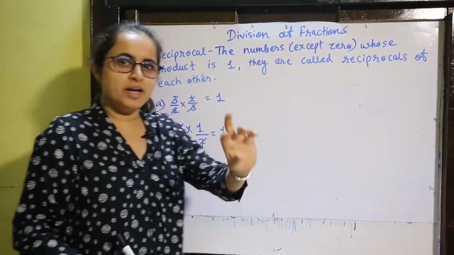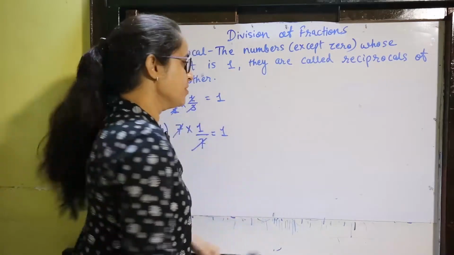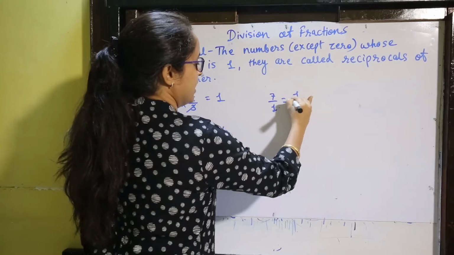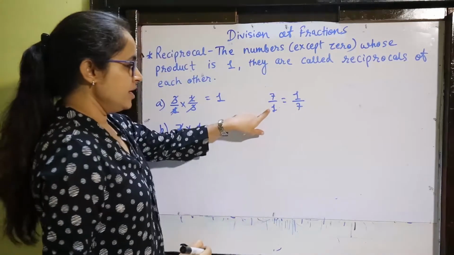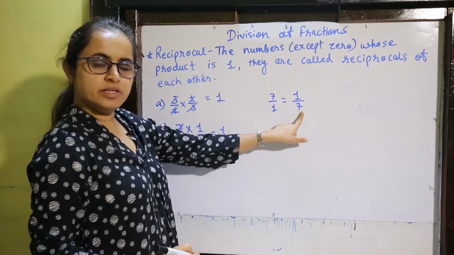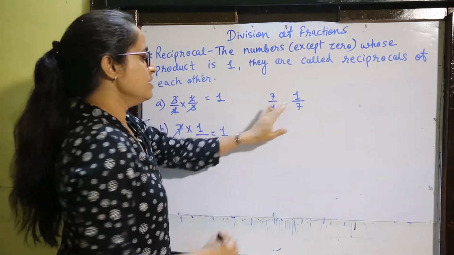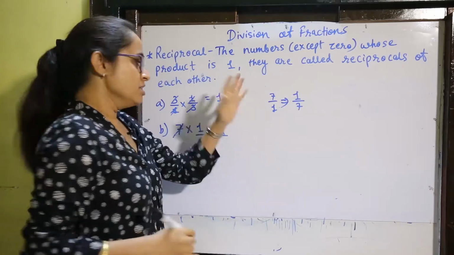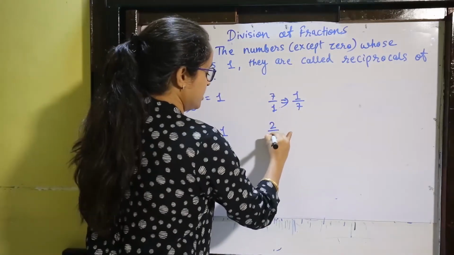So reciprocal means what? In simple terms, the inverse of any number, that is, if the denominator goes in the numerator and the numerator goes in the denominator, that is the reciprocal of any number. Suppose I have the number 2/3.